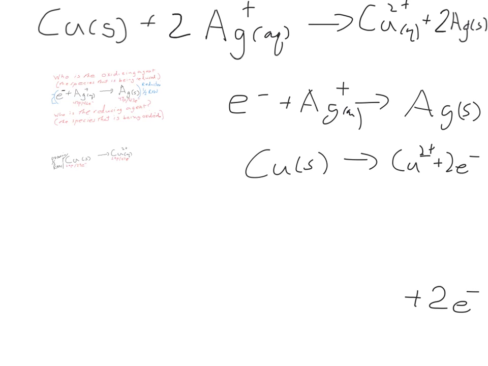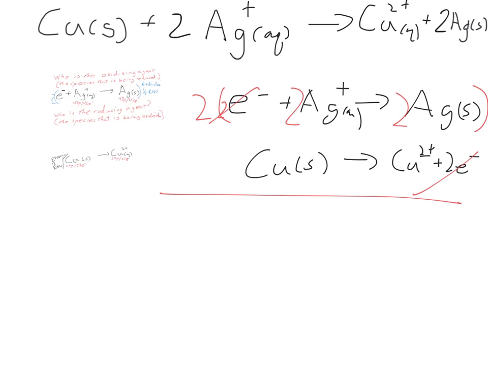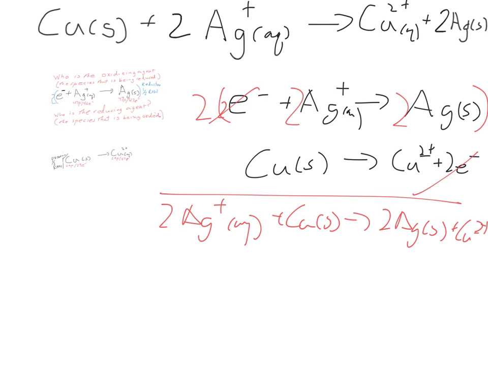If I want my electrons to cancel out, then I need to multiply my top equation through by 2. When I do that, that gives me 2 electrons on this side to cancel out the 2 electrons on that side, so that when I add my 2 equations together, my electrons wind up disappearing.